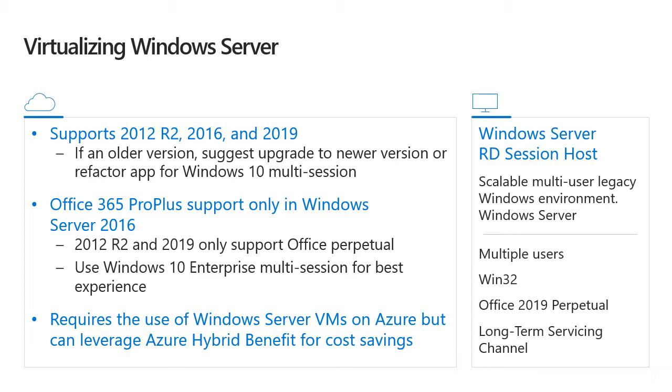So what do we support? It supports Windows Server 2012 R2, 2016, and 2019. Office 365 ProPlus is supported only on Windows Server 2016. Unfortunately, Windows Server 2012 R2 and 2019 only support Office Perpetual.